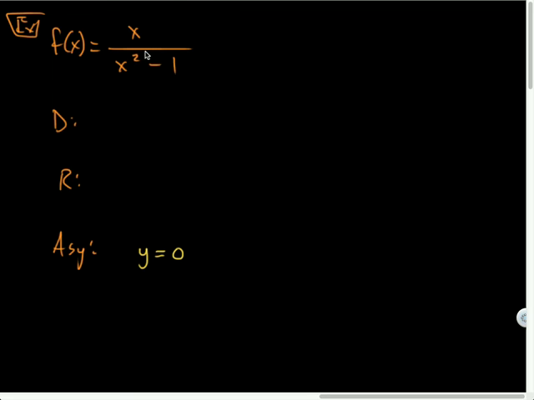Now for the domain, how do I analyze domain? I'm always interested in when my denominator is equal to 0. So when is x squared minus 1 equal to 0? One of the things I want to point out is that it's sometimes actually worth factoring these. x minus 1 times x plus 1, you might have realized that was a difference of squares there. So my domain is going to be the set of all x such that x cannot equal two things.